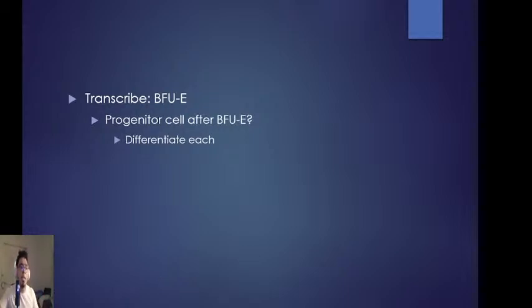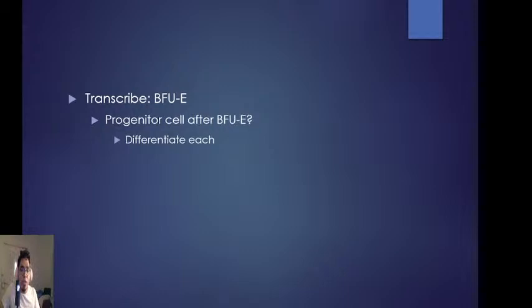Next one is the BFU. I think Adrian already said it. Now, how do we differentiate BFU and the progenitor cell after this one? The progenitor cell after this one is CFU-GEMM. What do you mean by CFU-GEMM? Colony forming unit, granulocytic, erythrocytic, monocytic, and megakaryocytic precursor cells.